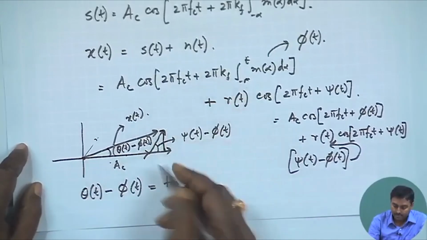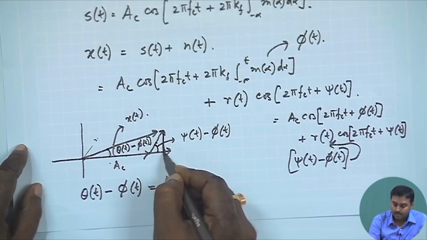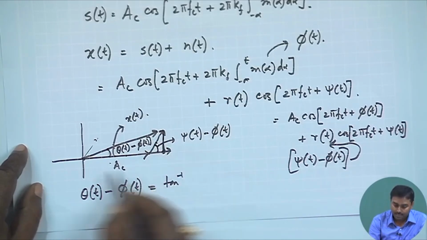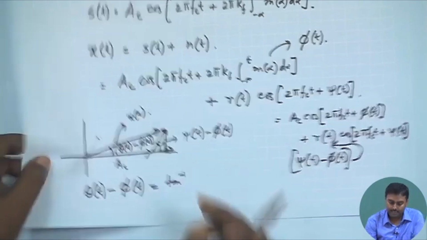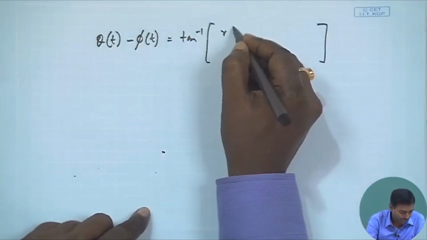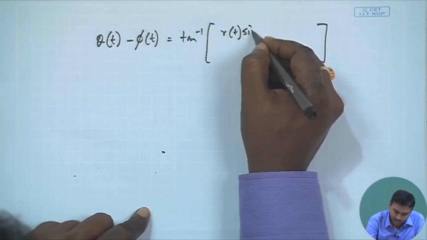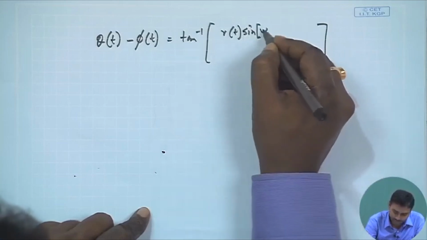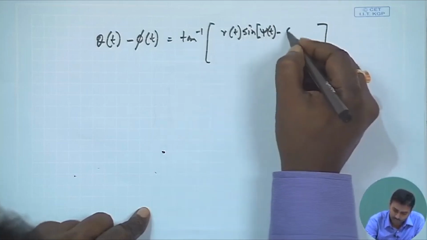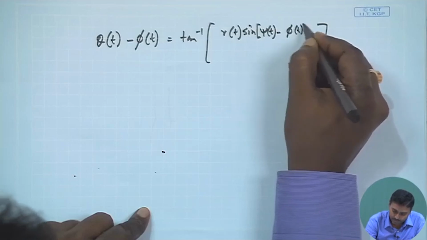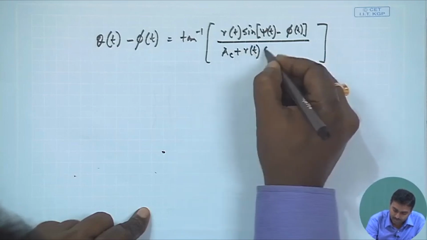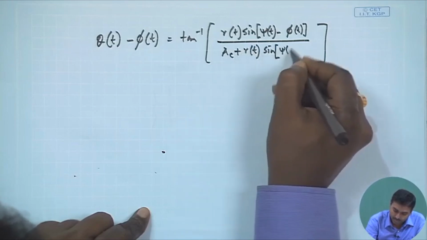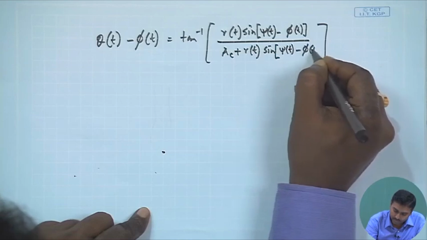What is this? This should be r t sine of this angle, and what is this? This should be AC plus r t cos of this internal angle. So, I can write it as r t sine of psi t minus phi t divided by AC plus r t cos of psi t minus phi t.